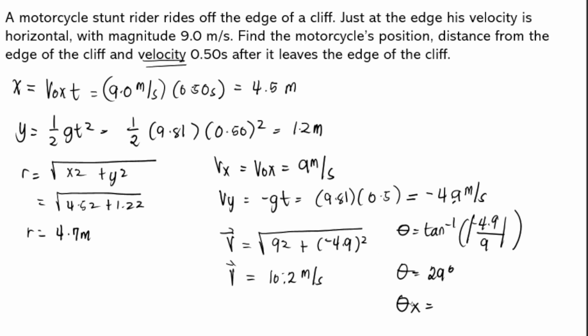So kapag nasa quadrant 4, we have to subtract yung calculated sa 360. So, 360 minus 29. So, angle reference to x-axis would be 331 degrees. Okay, so that is all for this problem.